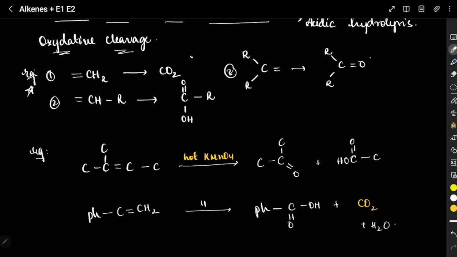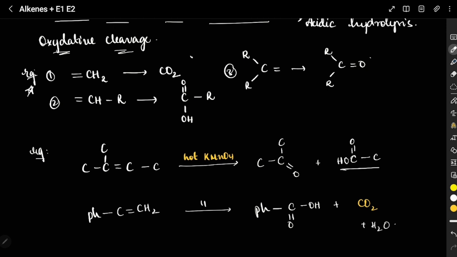We have seen a reaction like this just before, in the previous video. And if the alkene is in the middle, what would you do? A double bond O is formed along with OH, so a carboxylic acid is formed here.